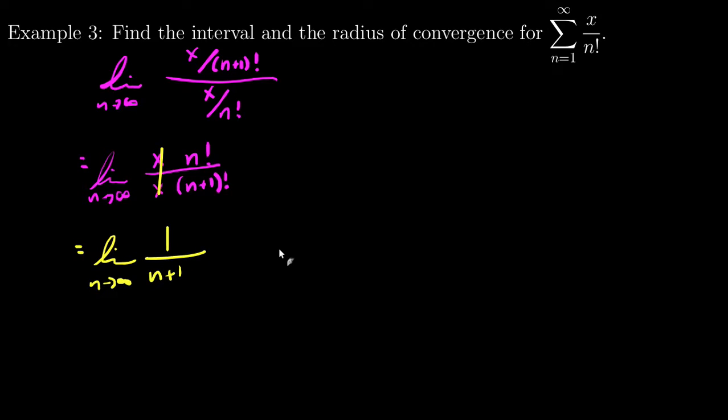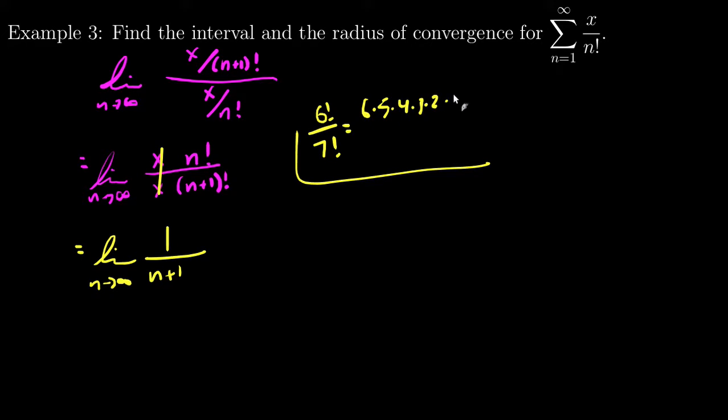So as an example, if we had 6 factorial over 7 factorial, this factorial being 1 more than that, this is 6 times 5 times 4 times 3 times 2 times 1, and this is 7 times 6 times 5 times 4 times 3 times 2 times 1. The 6, 5, 4, 3, 2, 1 cancels.